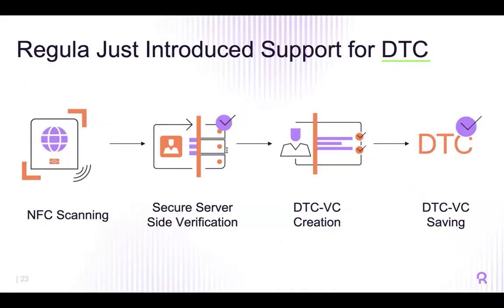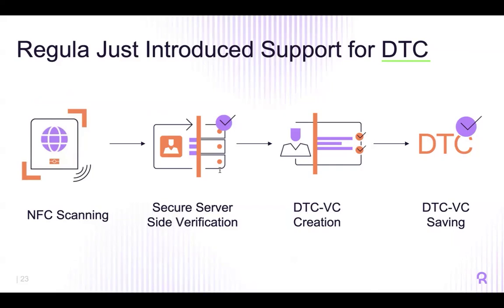We at Regula just introduced full support for the DTC. Now, with Regula Document Reader SDK, a user can create and reprocess the DTC VC out of an e-passport, as well as verify it by passing DTC VC data as an input. Also, support for handling the DTC PC has been introduced.